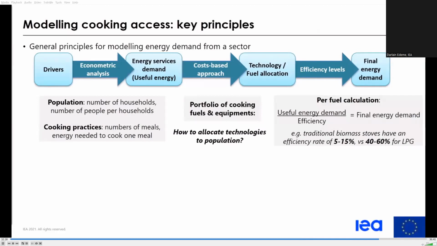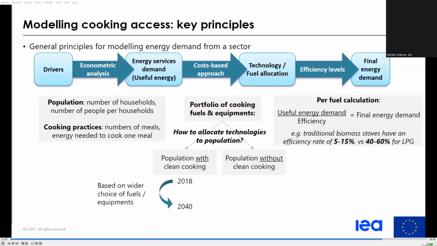The challenge here is how to allocate the technologies to population. First, not all households have access to clean cooking technologies. Therefore, we need to look at service demand separately for those who do and do not have access.